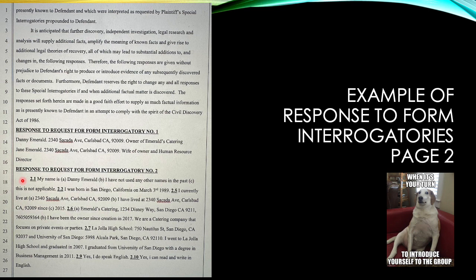You also state where you're employed, what your nature of work is and what your job title is. They also want to know the address of every school that you've attended. That could be from high school on, so high school and universities. And then it also asks what degrees you've received.